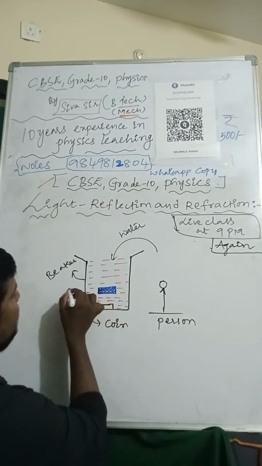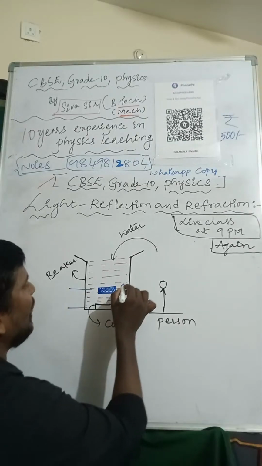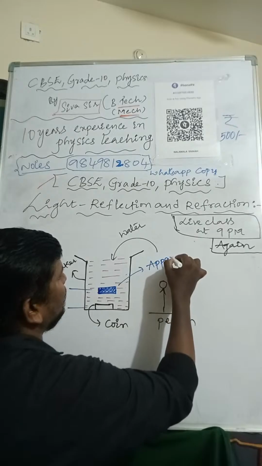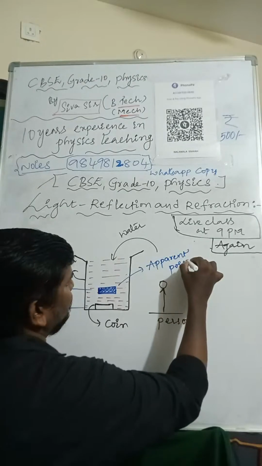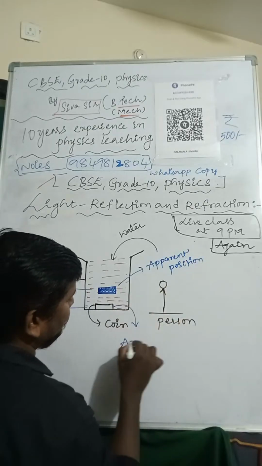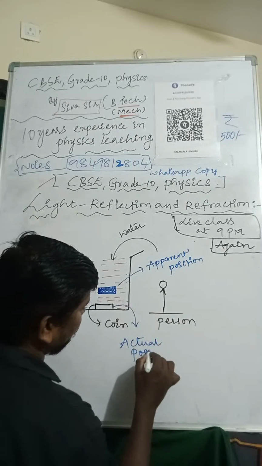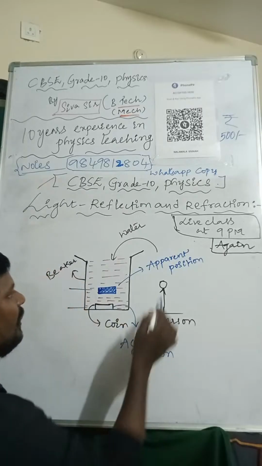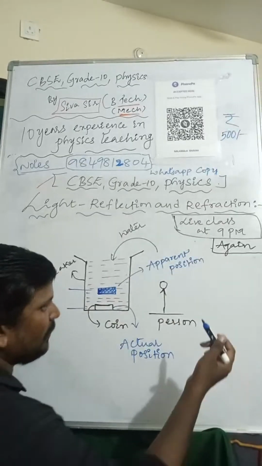So this is the actual position of the coin, and this is the apparent position of the coin.